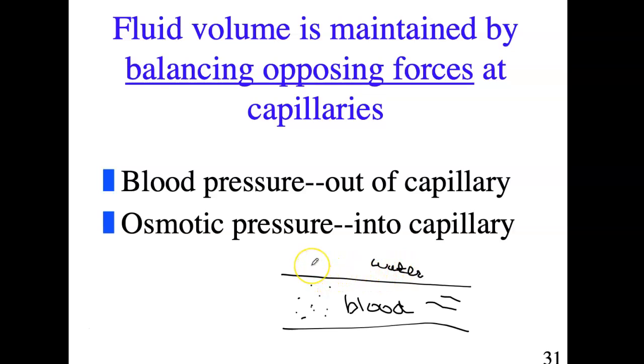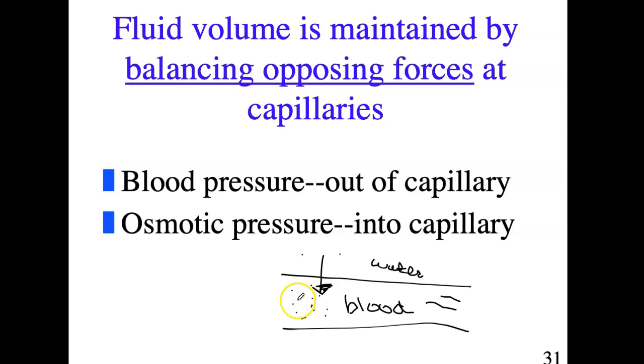So when we think about fluid, even if it weren't flowing, and you had something very concentrated in solute here and not so concentrated outside of this membrane, and many of these solutes are not moving, water is going to want to move in towards the higher solute. So osmotic pressure is wanting to pull things into the capillary.